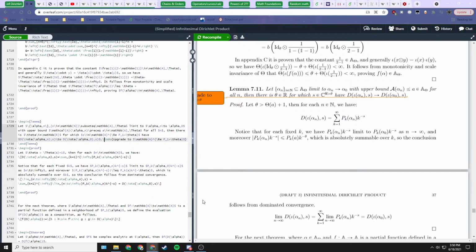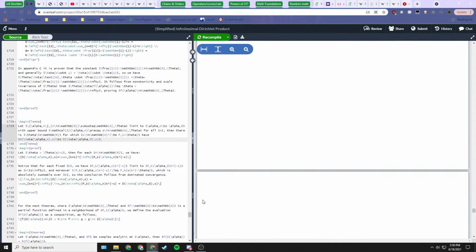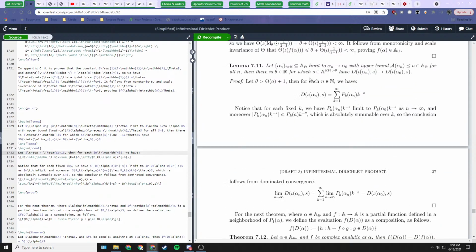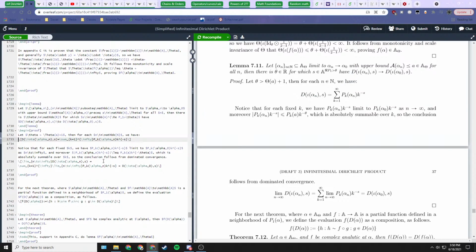Okay, so I looked at this one after last stream, and it turns out actually this is a lot easier to upgrade to this whole right half plane. So we're just going to say, let theta be greater than theta A plus 1. Then for each n in natural, we have this, we can say D iota alpha n s is this thing.